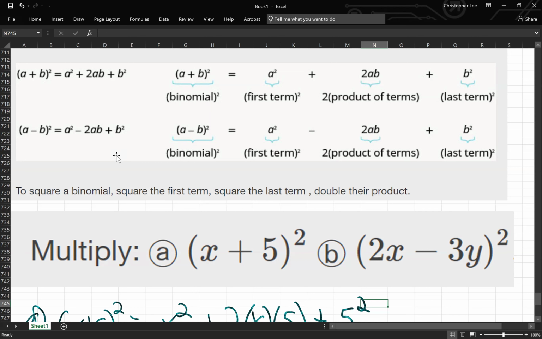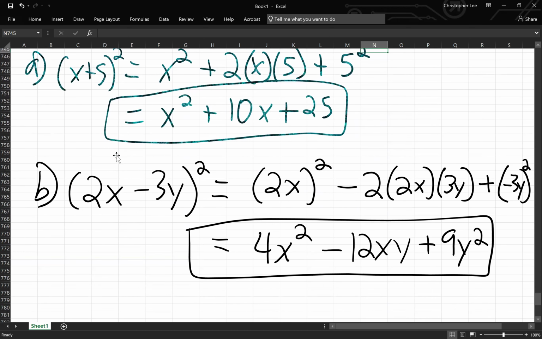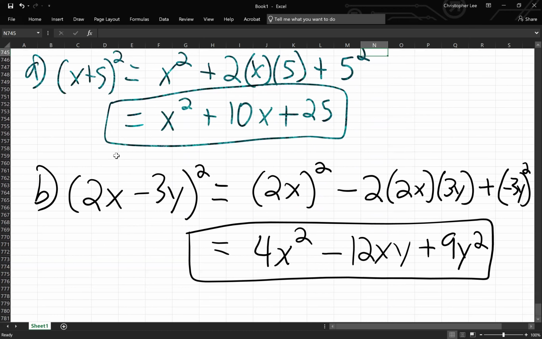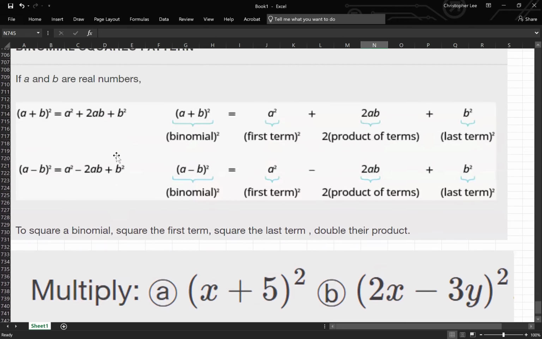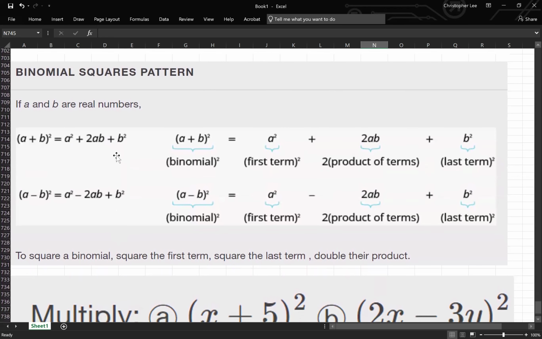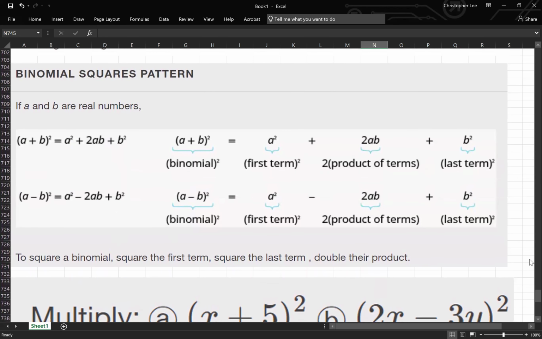So that's why we have negative 2 times A times B. That's like a formula. Again, you don't got to take this to heart. Y'all can always do your distributive property, do your vertical method, and get the same answer out. I'm just showing y'all a trick. That's all I'm doing.